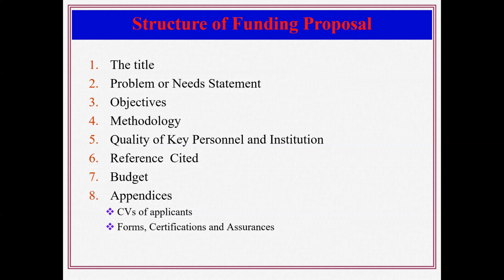So add the CVs of applicants like PI and co-PIs, and any other team members, depending on the call. And what forms are required, like an endorsement letter, certificate from the PI, any registration certificate from institutions, or any audit statements from your institutions. So that is forms, certification and assurance. These are the common parameters in all funding proposals.